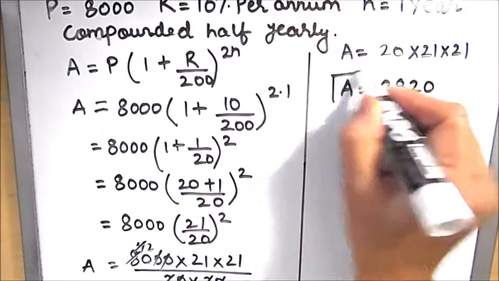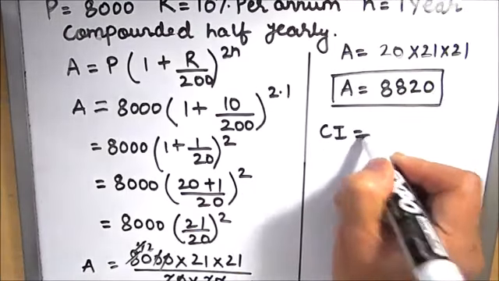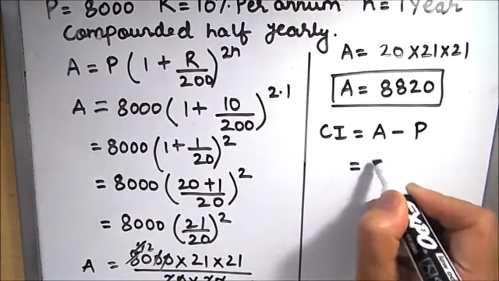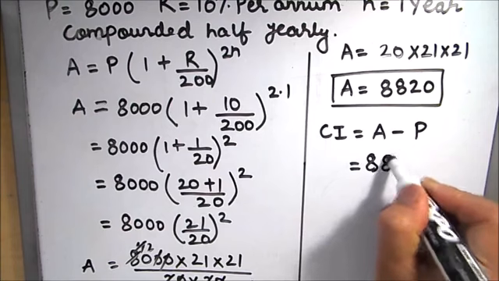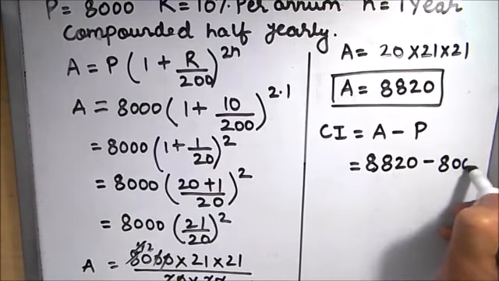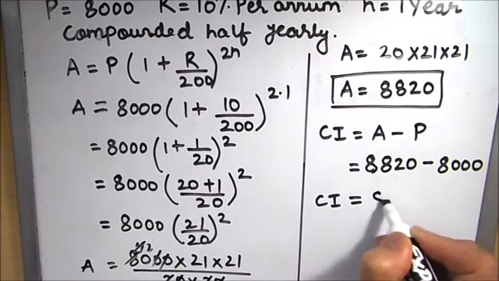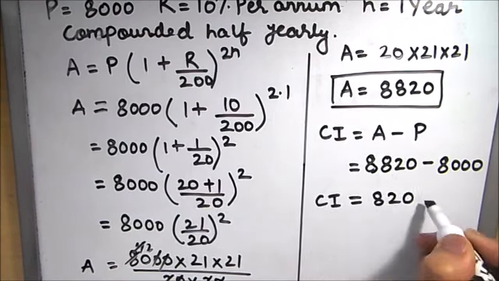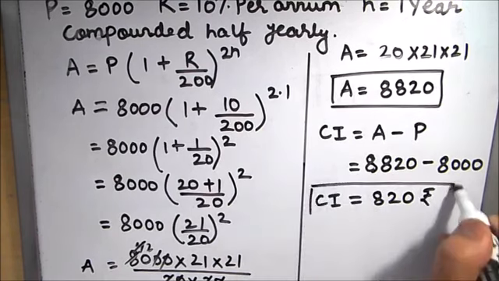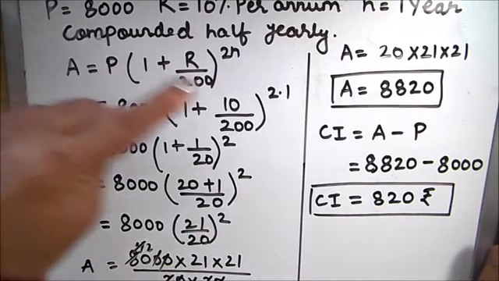Now we need to find the compound interest, which will be amount minus the principal amount. So 8,820 minus the principal, 8,000. So compound interest will be 820 rupees. So this is our final answer when the interest is compounded half yearly.